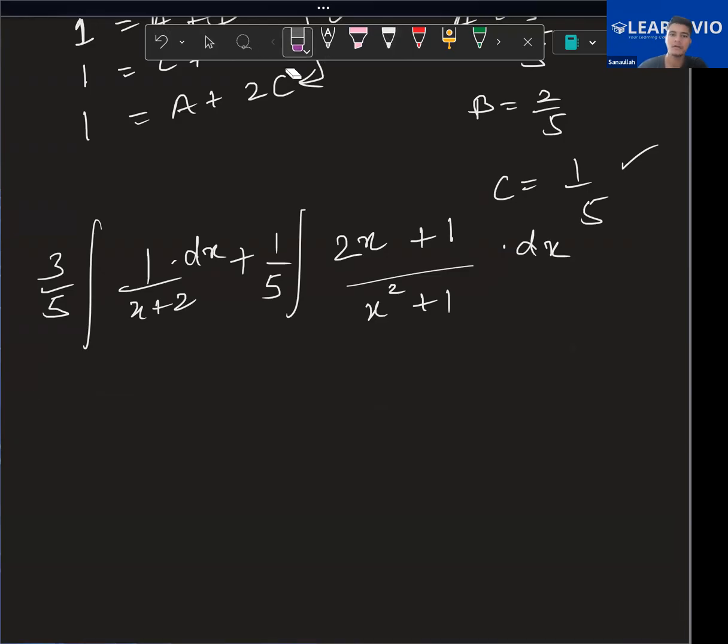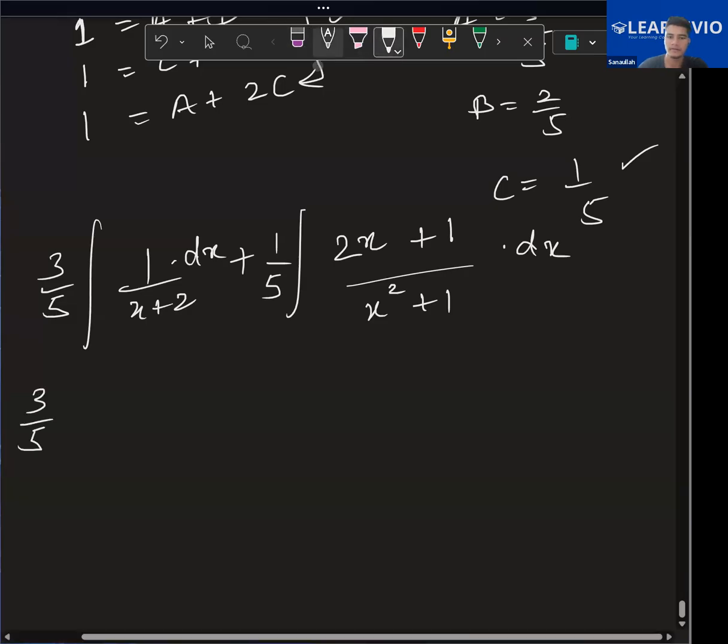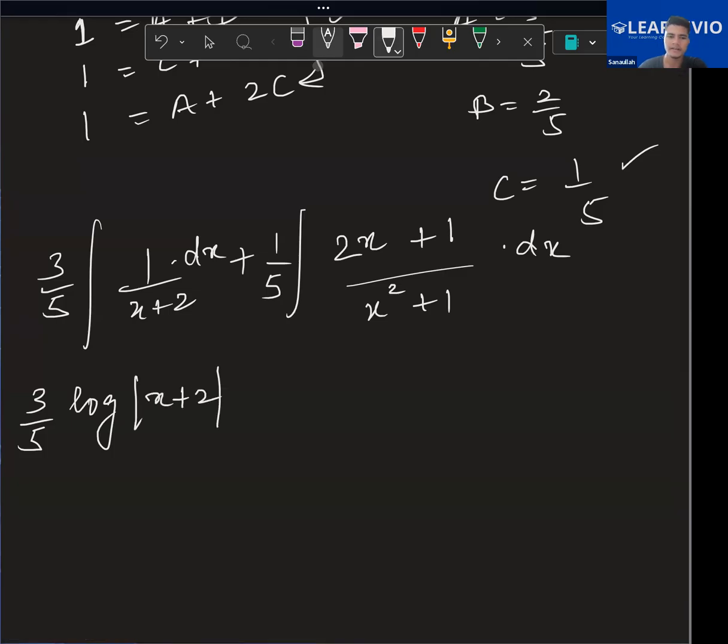The first one, you know, will give 3 by 5 log of modulus of x plus 2. I'm not writing c for every term, I will just write that c at the last. For this 1 by 5, I'm breaking this into two parts. I will write one with 2x and another as 1 upon that.